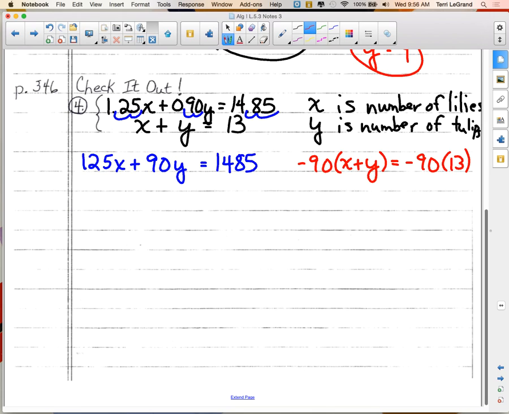We're renaming the second, so we renamed the first equation to get rid of the decimals. We're renaming the second equation by multiplying by negative 90 to get the y's to become opposites.